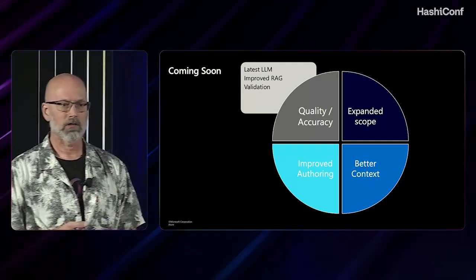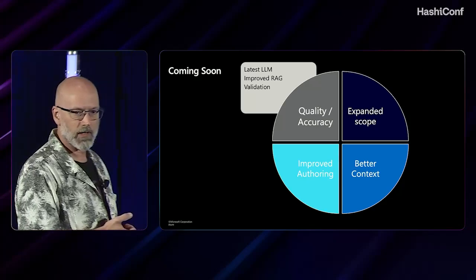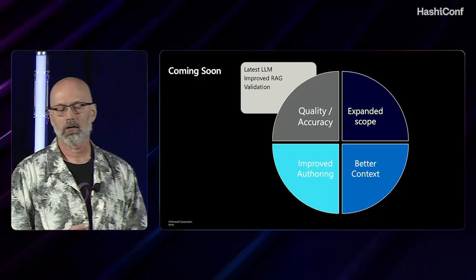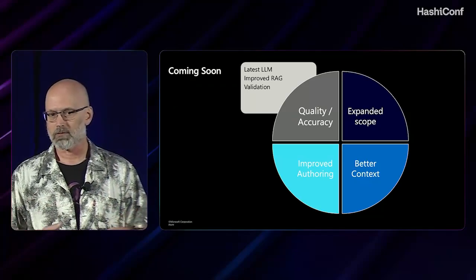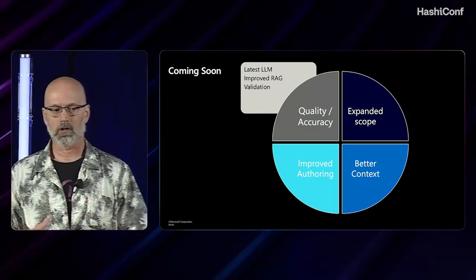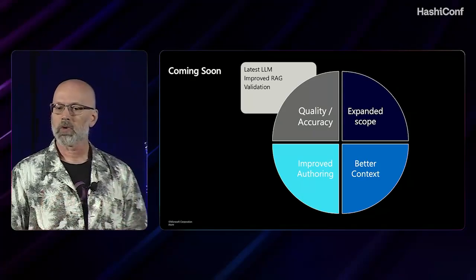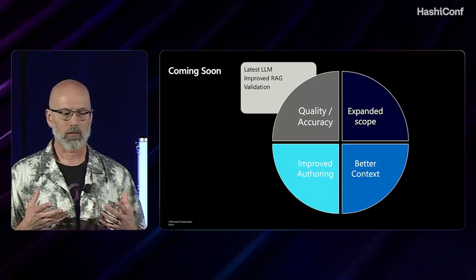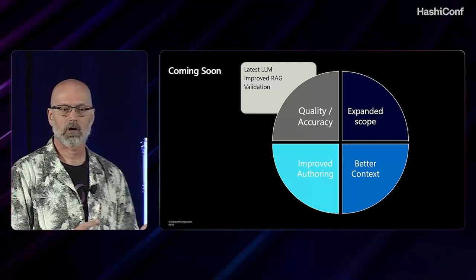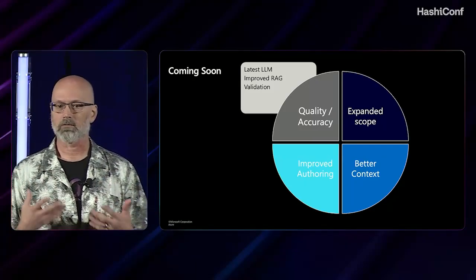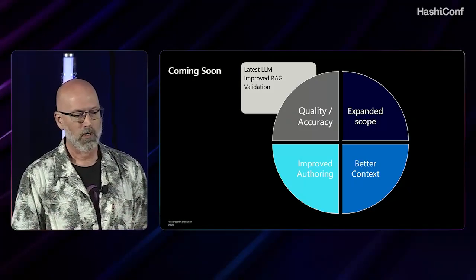One of the things that we're looking at doing is adding the Terraform validate step to that. We had prototyped that early on, and we saw some serious delays, like it was taking a long time to get to a good answer. But we're working on optimizing that, so essentially you will not only have a good chance, you will know that whatever answers come out of there are valid Terraform syntax, and you can go from there.